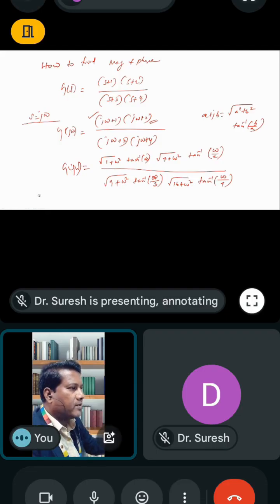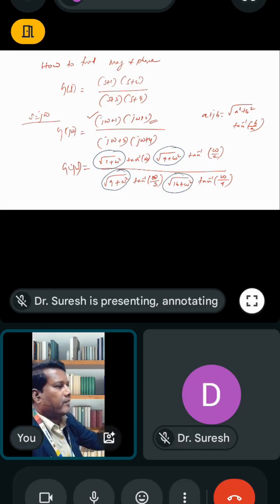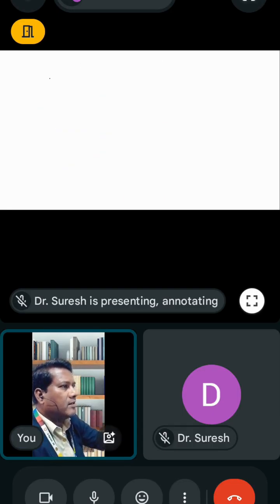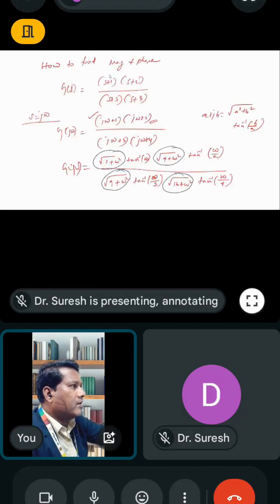In this expression, what I circled in blue in the numerator and denominator are the magnitude of G(j omega). So the magnitude of G(j omega) equals the numerator, square root of a squared plus b squared, for the first term. So a is 1 plus omega squared.